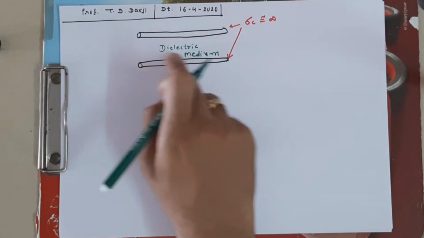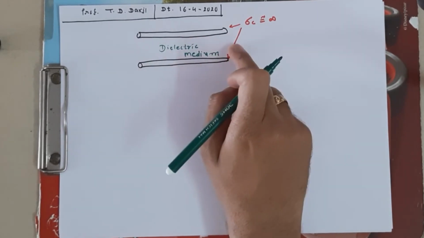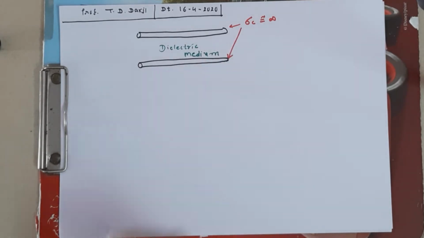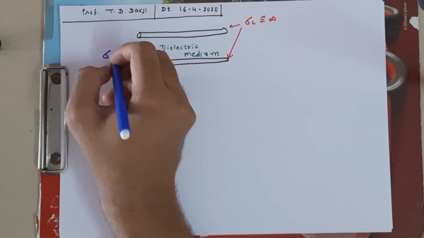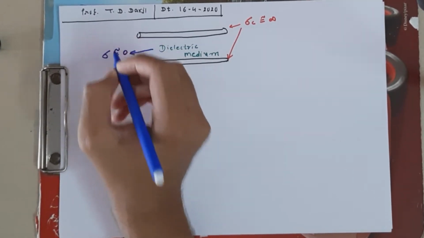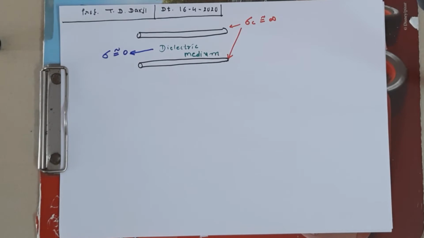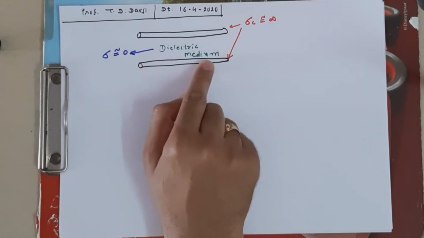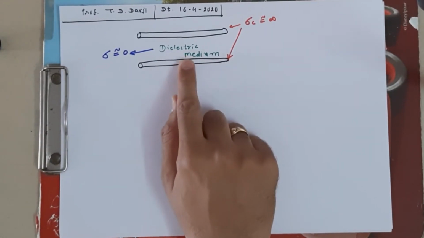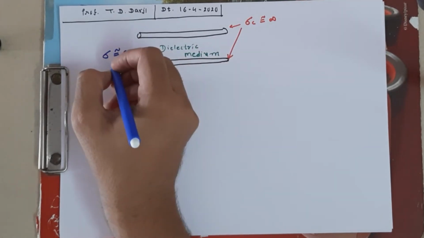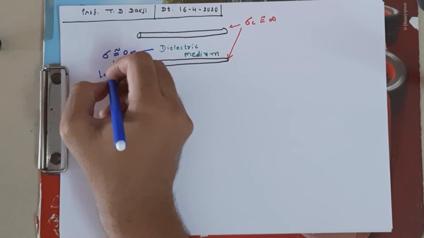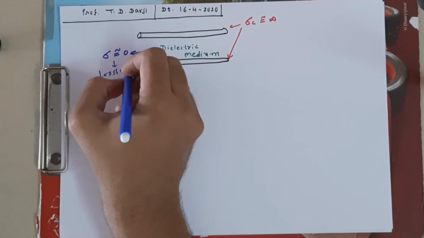But if the conductivity of this dielectric medium is zero, or very low, approximately zero, it is known as a lossless transmission line.